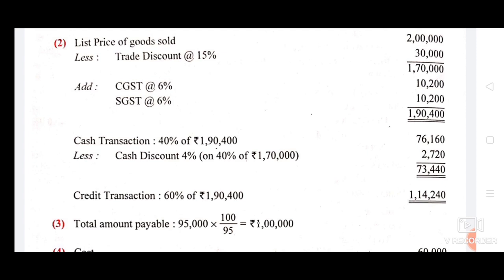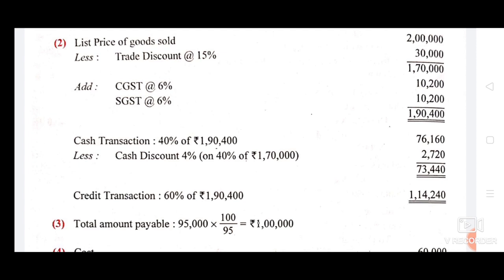Understood? So 2,720 is the cash discount, and so cash receivable from the customer, payable by the customer, is 73,440. Understood? Now, the remaining amount: as 40% amount is paid by check, the remaining 60% of the total amount receivable 1,90,400 is a credit transaction, that is 1,14,240.